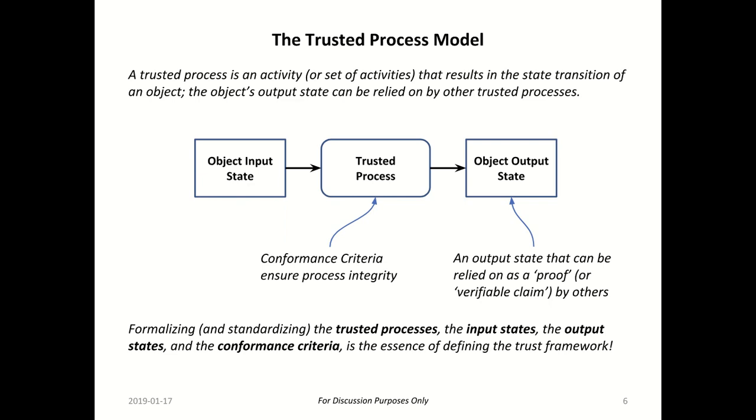And what's really important here is defining not only the trusted process or standardizing the trusted process, but also defining the conformance criteria that enable that transition state from the input state to the output state. And what we're trying to do here is to formalize and standardize the trusted processes and the conformance criteria.